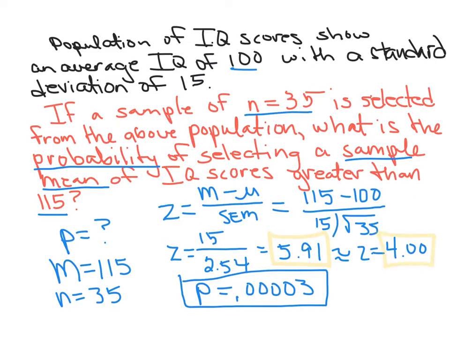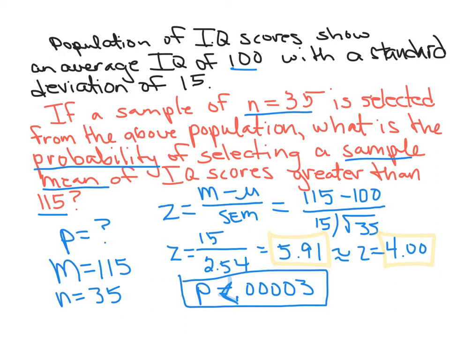So I would even be okay if you said p is less than 0.0003, because you know that probabilities get lower and lower as they get further out. So either p equals or p is less than. I would accept either one if you get a z-score that falls further than what your table shows you.